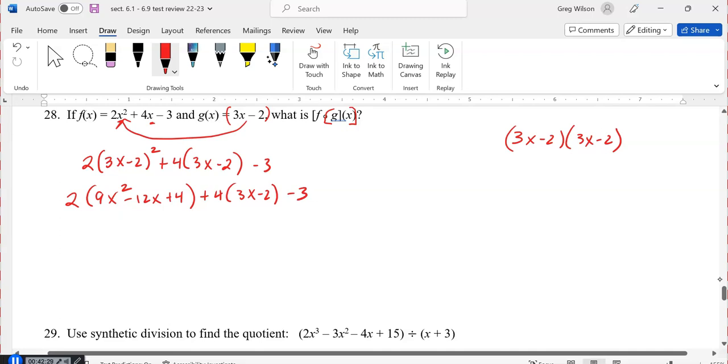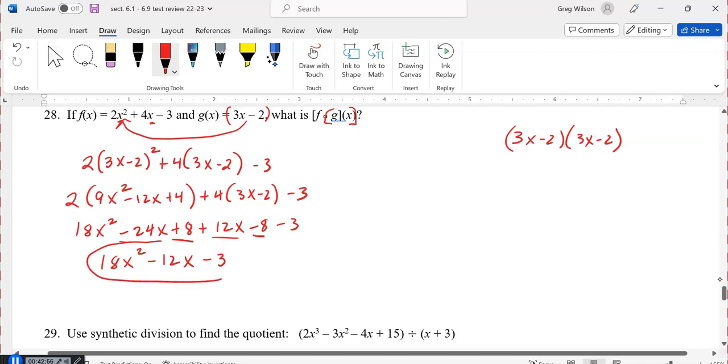Now I'm going to distribute the 2. I'm going to distribute the 4, bring down the minus 3, and now it's just combining like terms. So minus 24 plus 12 is minus 12x. And then I have 8 minus 8, which is 0, and then minus 3. So there's my answer for that composite function.